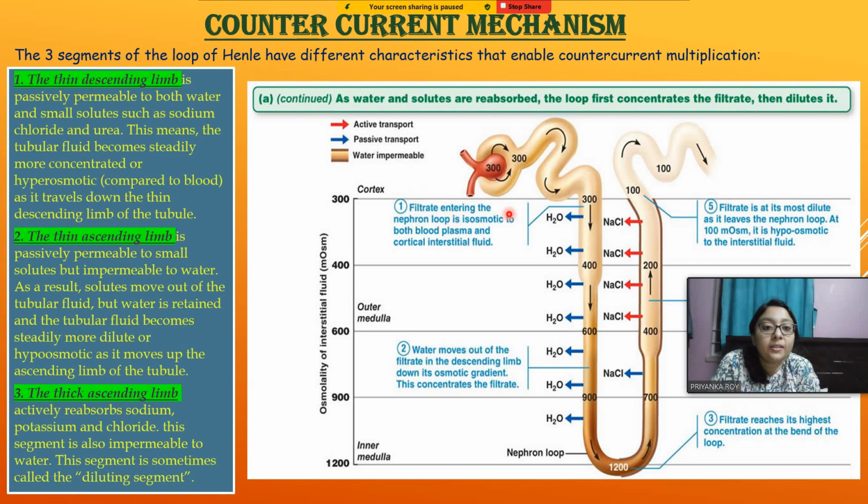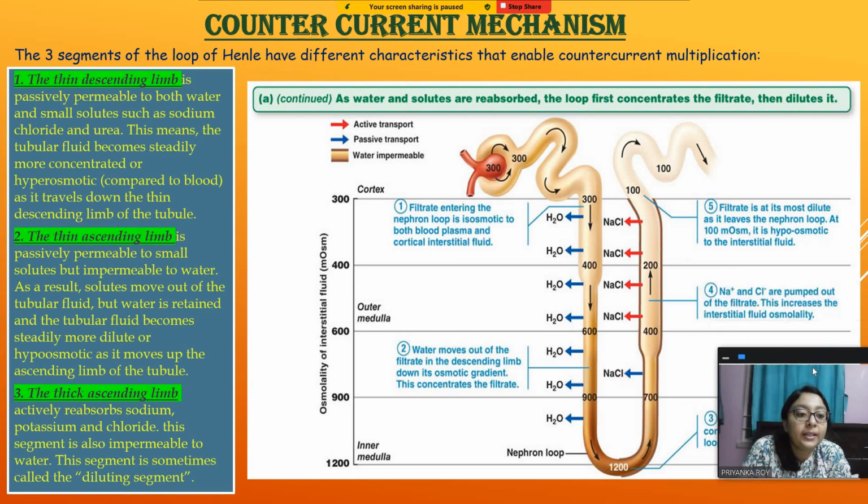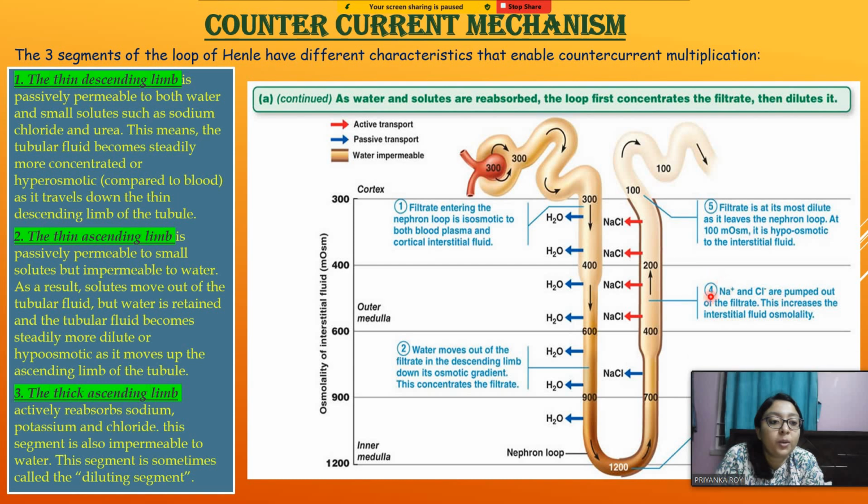So the filtrate entering is isoosmotic to both plasma and interstitial fluid. Now water moves out and it becomes highly concentrated, hyperosmotic. The filtrate reaches its highest concentration at the bend of the loop. Then the sodium and chloride are pumped out, it becomes hypoosmotic again, and the filtrate is at its most dilute as it leaves the nephron loop, and at 100 milliosmol it is hypoosmotic to the interstitial fluid.